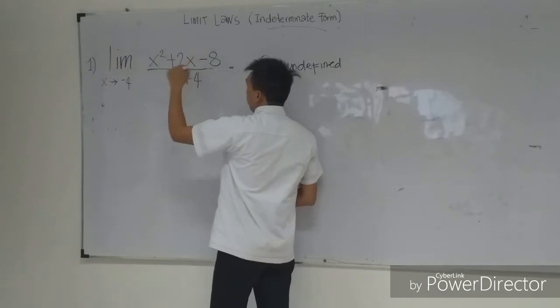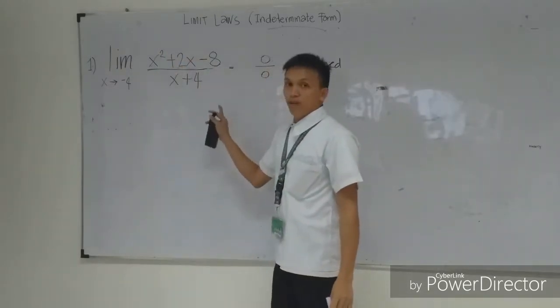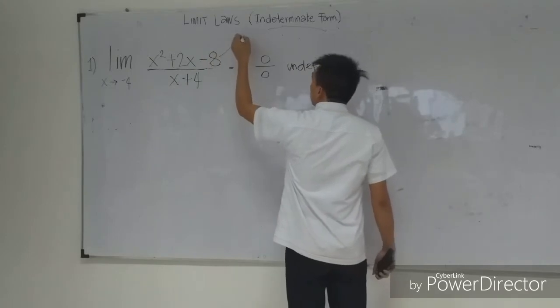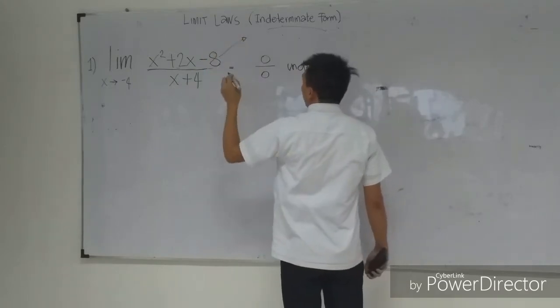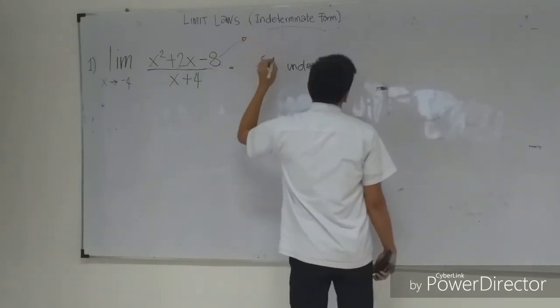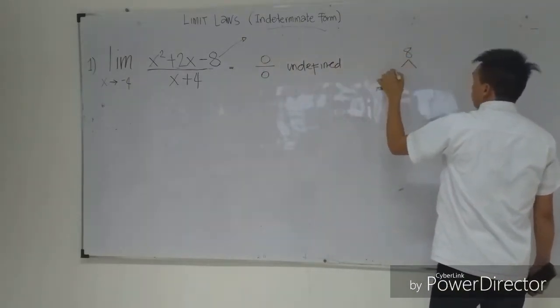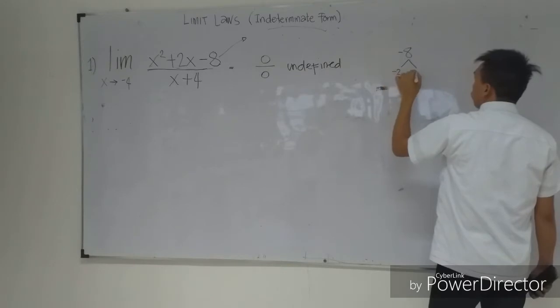Since our numerator is in a quadratic form, we need to factor it out. So we need to factor the constant, the number 8. What are the factors of 8? We have negative 2 and 4.